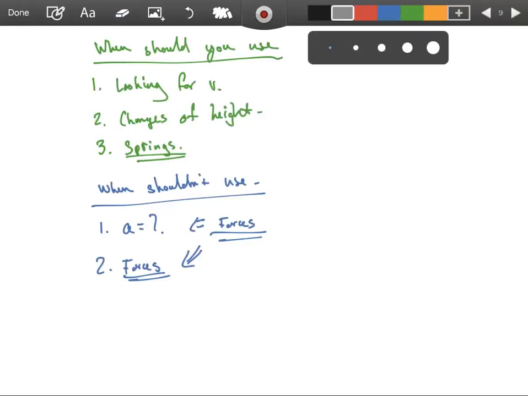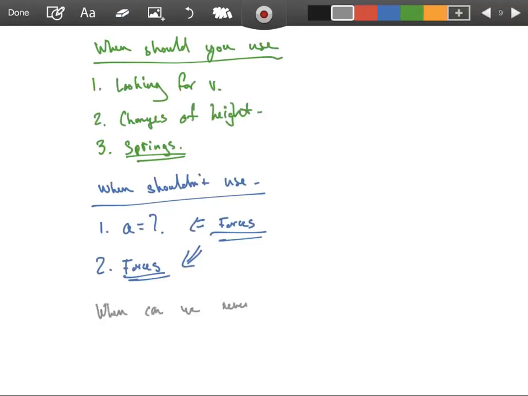When can we absolutely not use it? Basically, when can I never use conservation of energy? I can pretty much never use conservation of energy for the horizontal portion of projectile motion.